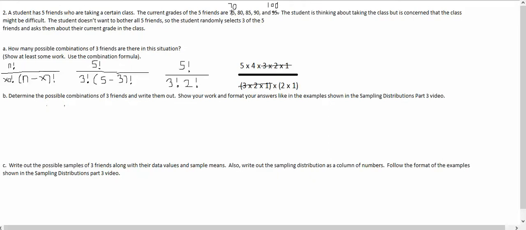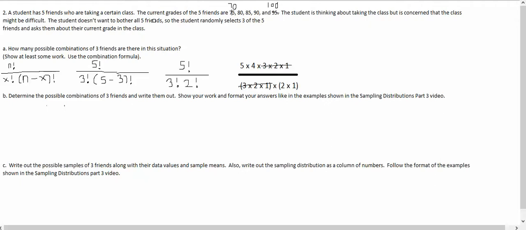So remember, in this notation, x is the number of selected items, n is the number that are being selected from. So we're selecting 3 from 5, so x is 3, n is 5. I know that this might be confusing because in other topics in this class, little n is actually sample size, and capital N is population size.